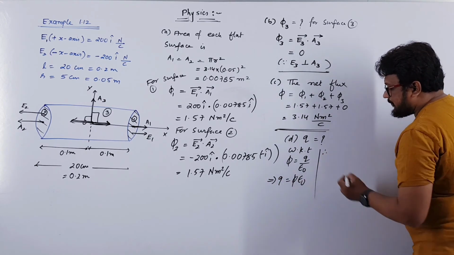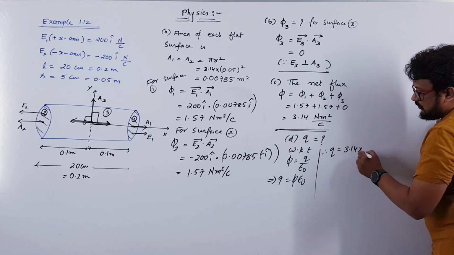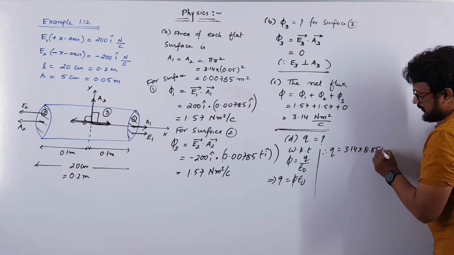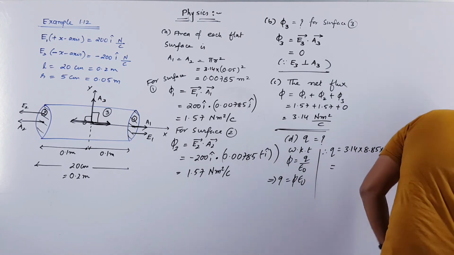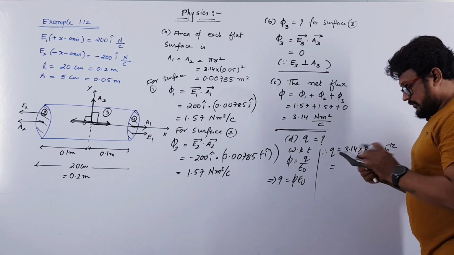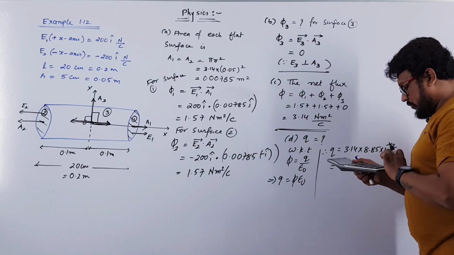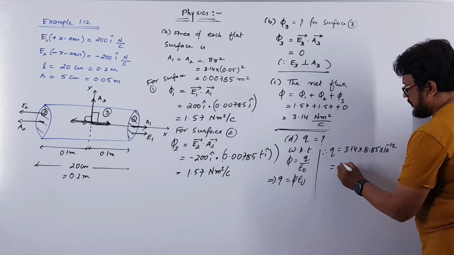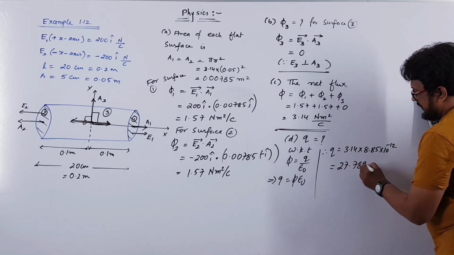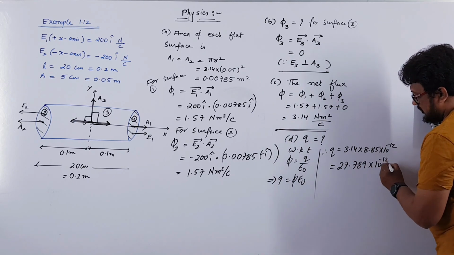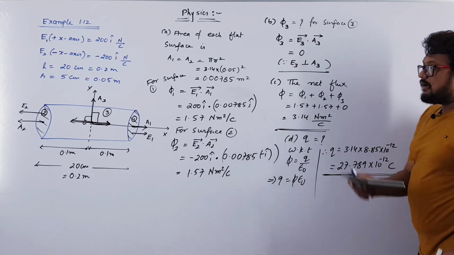Therefore Q will be equal to 3.14 into 8.85 into 10 to the power minus 12. 8.85 into 3.14 will give you 27.789 into 10 to the power minus 12 Coulomb. This will be the total charge enclosed by that cylinder. Clear?